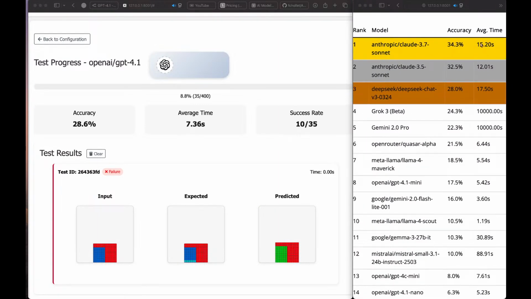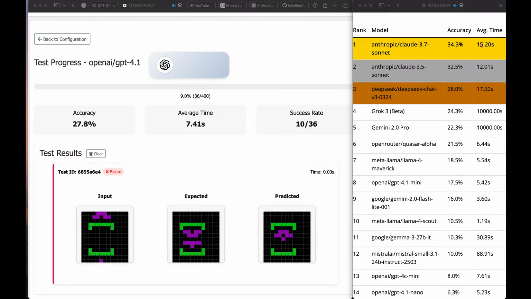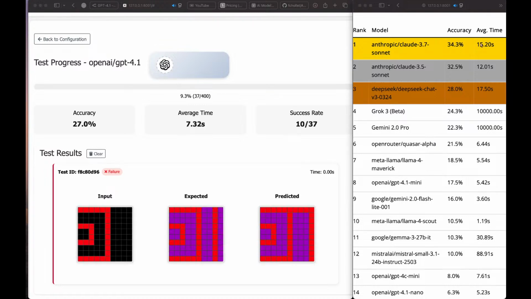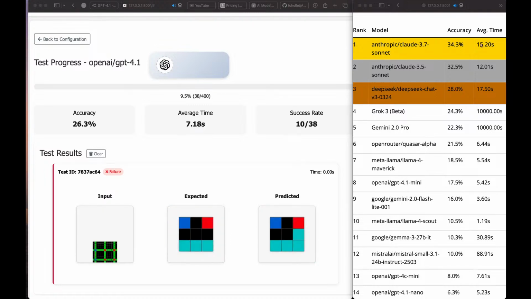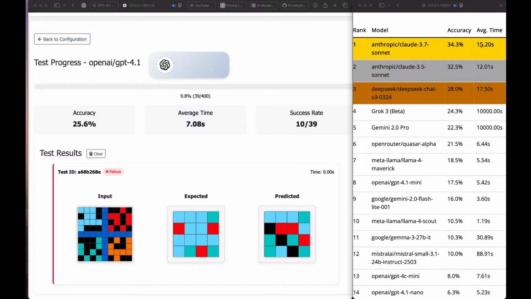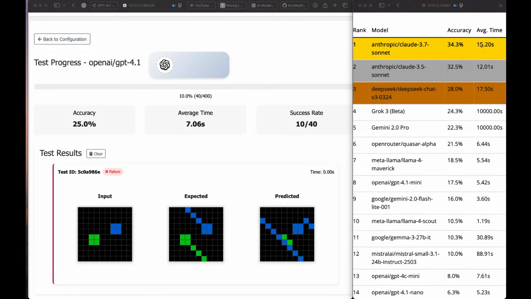Only then will it be able to claim that title. Yeah, 138 to beat, yes. My bad.